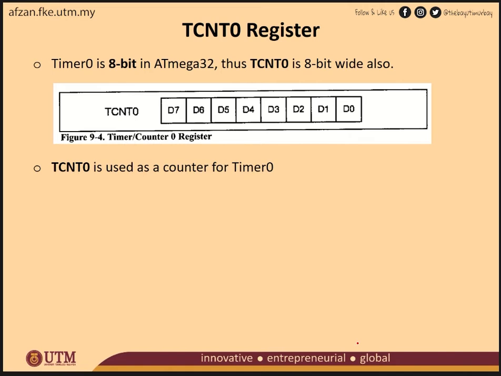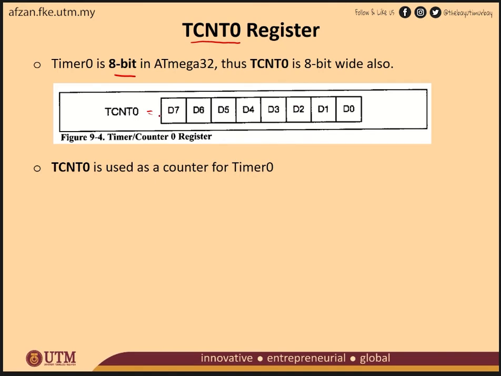So the TCNT that we're going to use here is the TCNT0 register. Since your timer 0 is 8-bit, your TCNT0 is also 8-bit wide. So this is your TCNT, which is 8-bit wide, starting from bit 0 to bit 7.